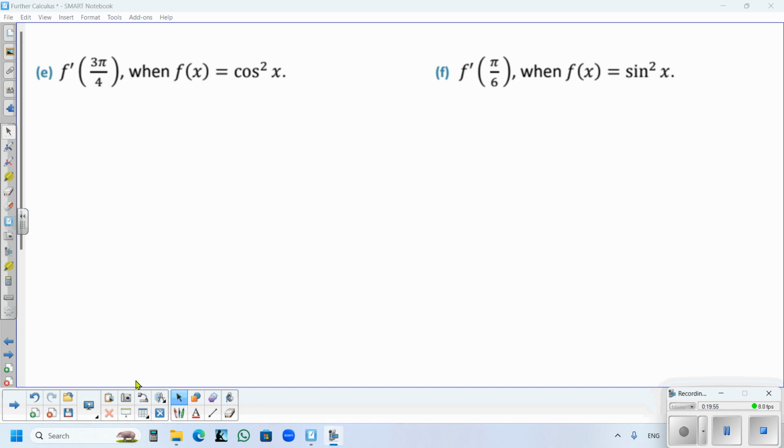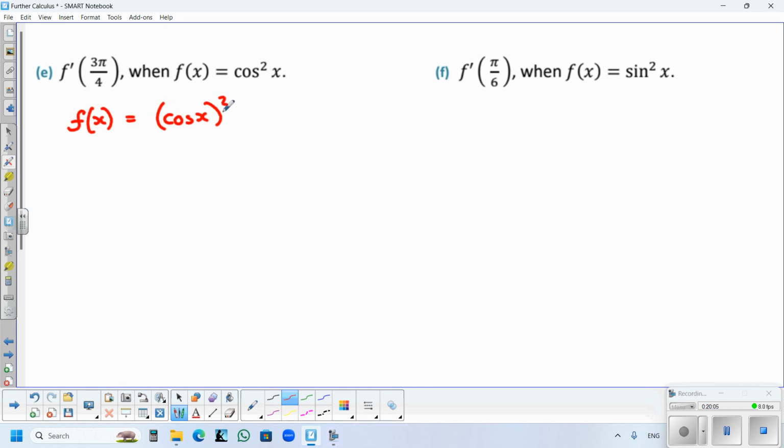The last two that we've got here, we want to find f dash 3 pi by 4 when f(x) is equal to cos squared x, so cos x to the power of 2. Rules again, same rules: multiply by the power, take 1 away from the power, and multiply by the derivative of your bracket, and the derivative of cos x is minus sin x.